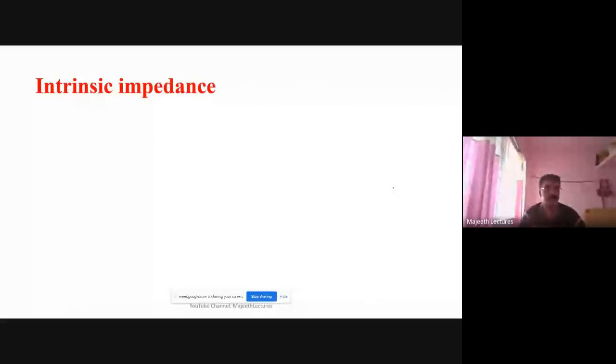Next thing we have to learn is intrinsic impedance of a wave, right? What is intrinsic impedance? What does it mean? Things are very important. So let us start learning that. So first thing we have to know about intrinsic is what impedance.